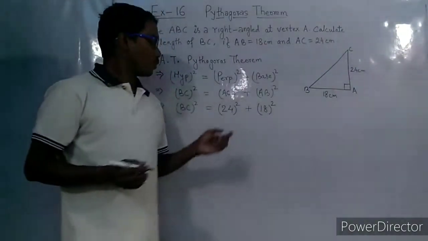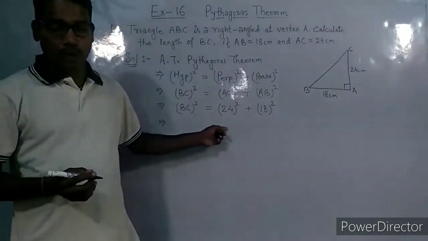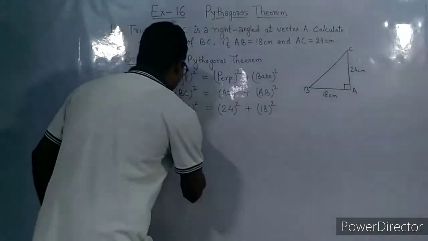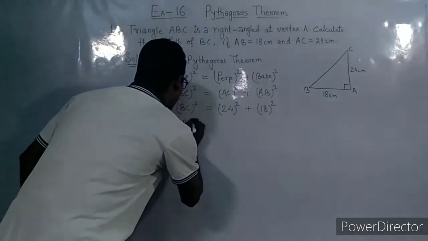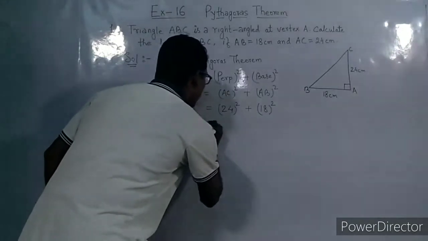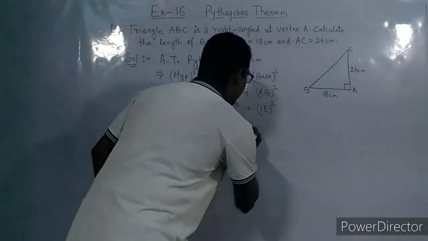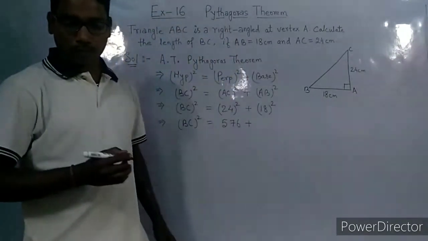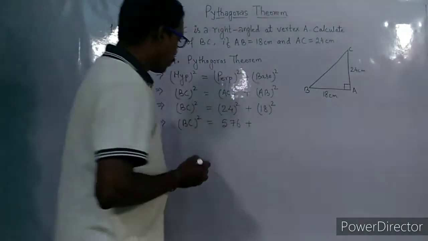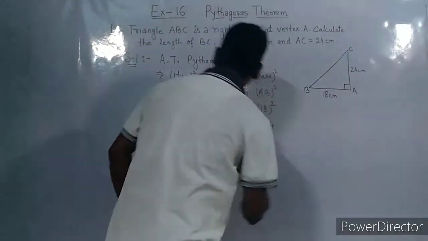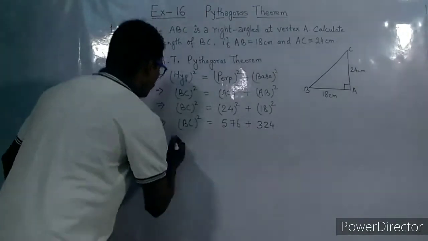Now the square of 24 is 576, so BC square equal to 576 plus 18 square, which is 324. Now add these two.